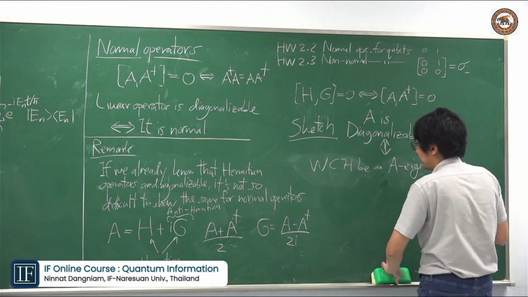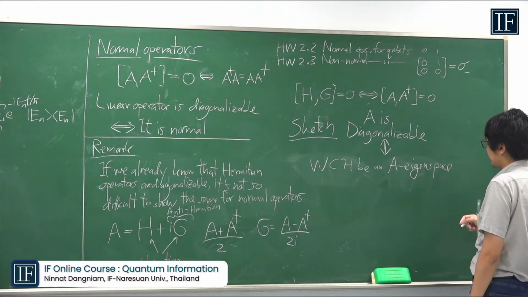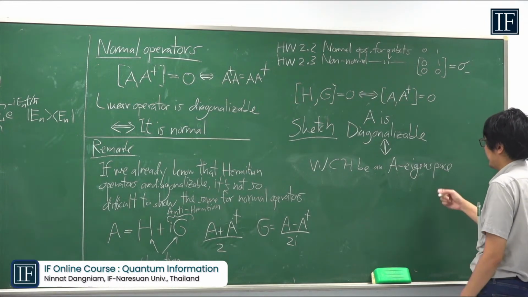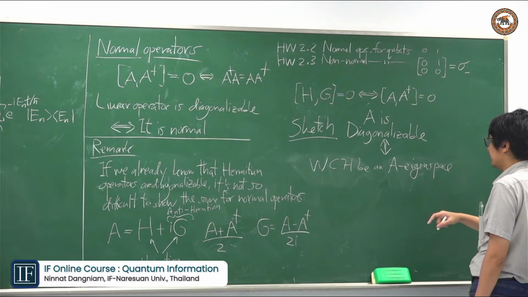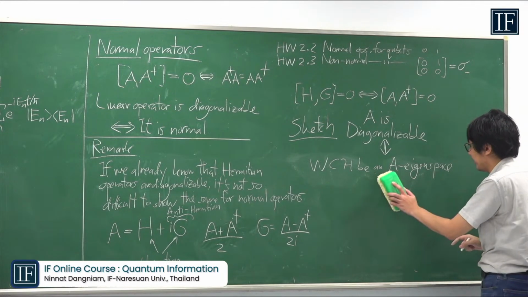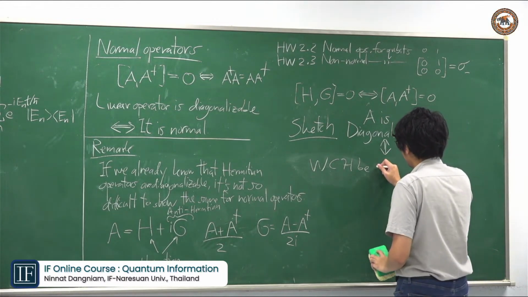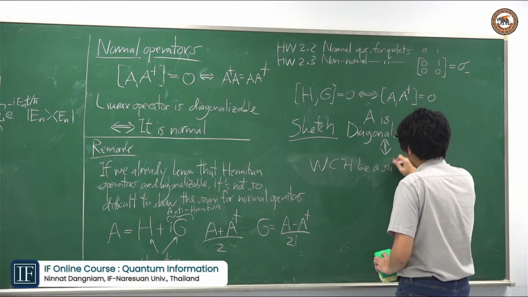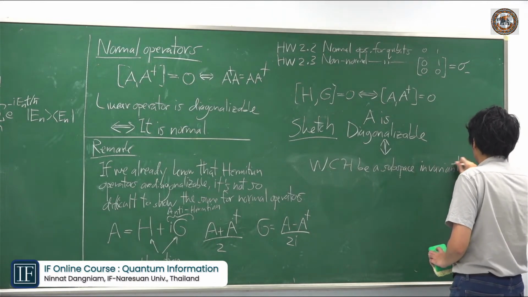Let's say W in the Hilbert space. In other words, it's an eigenspace of A. Let's say this: let W be a subspace invariant under A.